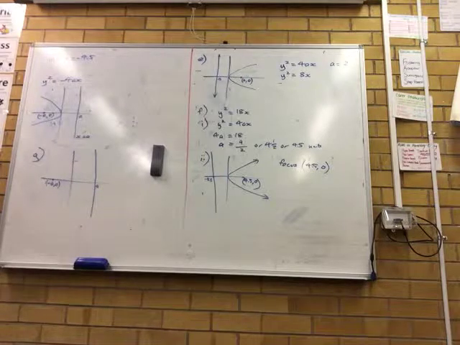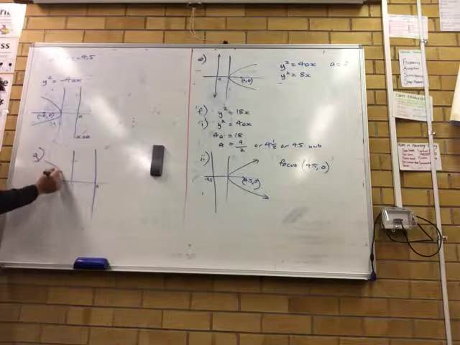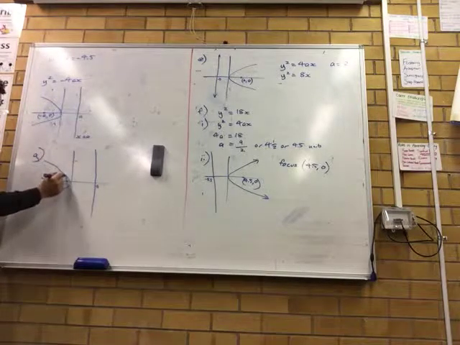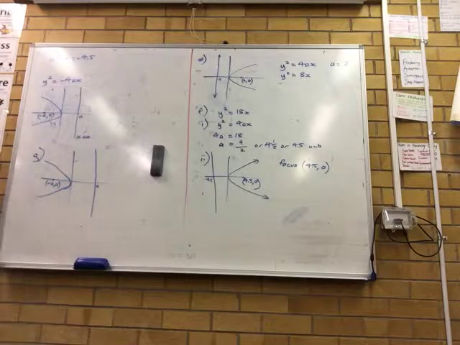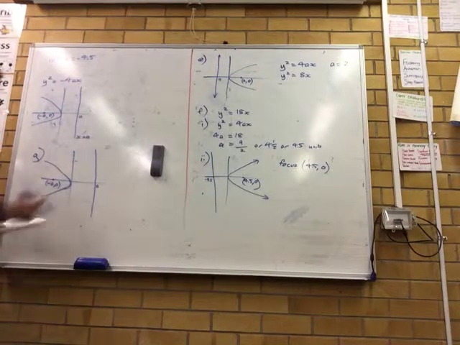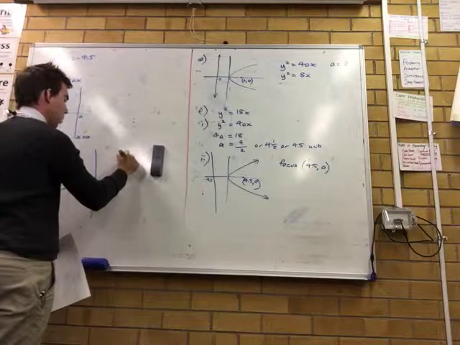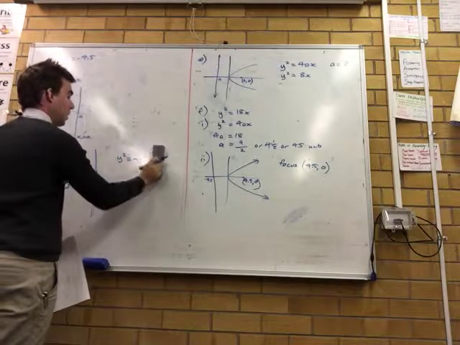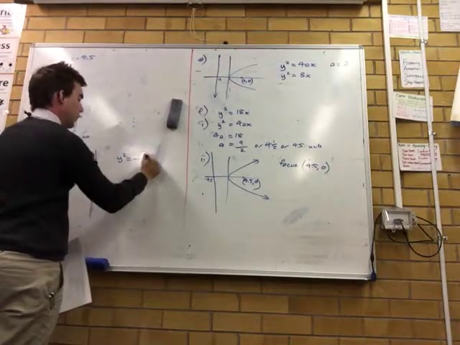The vertex of the parabola is halfway between the focus and the directrix. Poorly drawn, but there's the orientation. So it opens out in the negative x direction, so the equation becomes y squared equals negative 4ax.